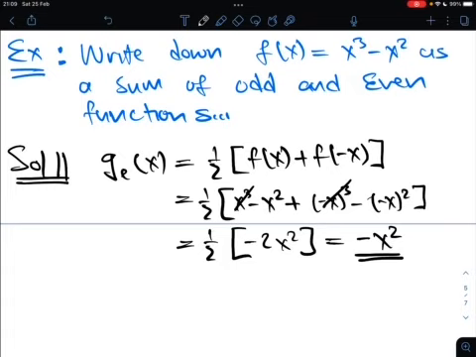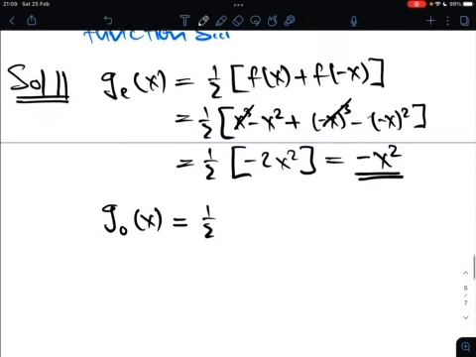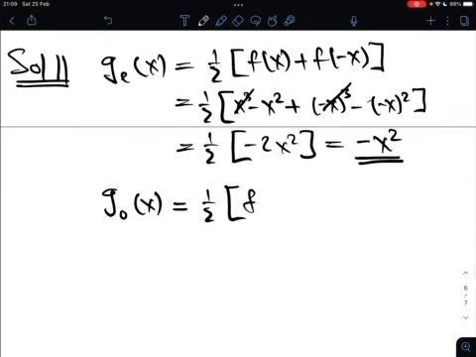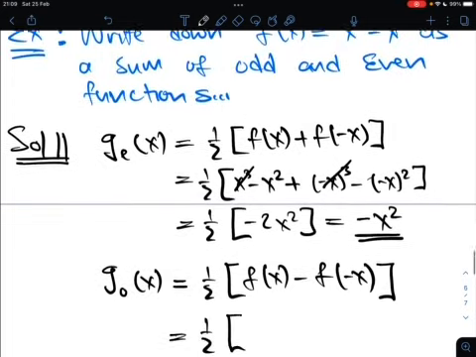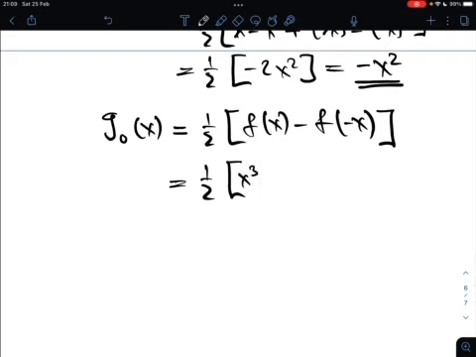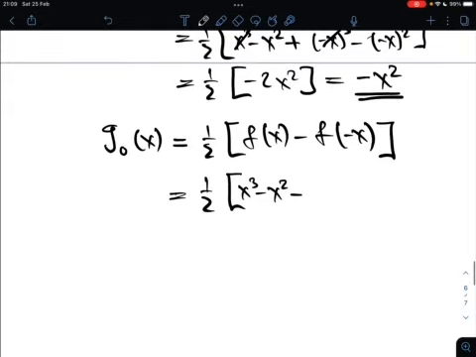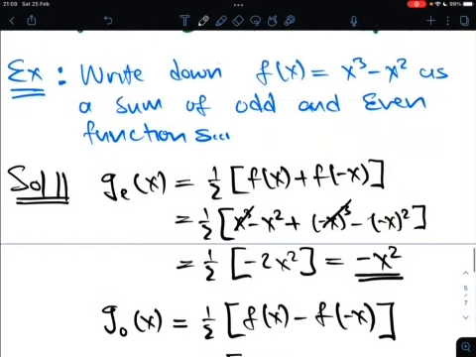If you want, let's say the odd part now, we know that it is given by half of f of x minus f of minus x. So this is equal to half of f of x, which is x cubed minus x squared, minus f of minus x. So what is f of minus x?